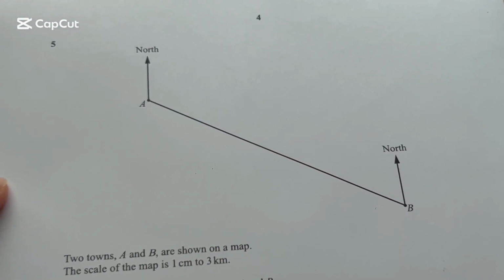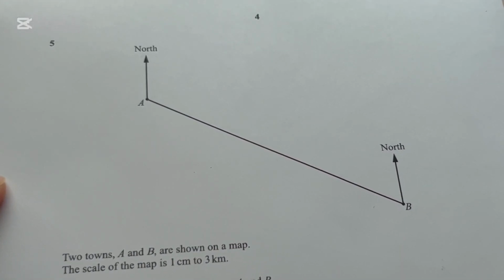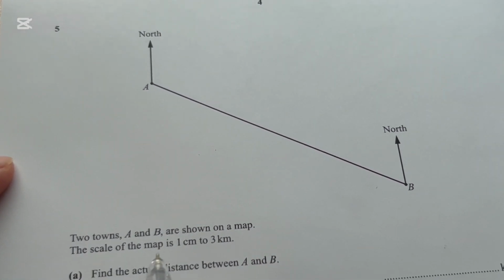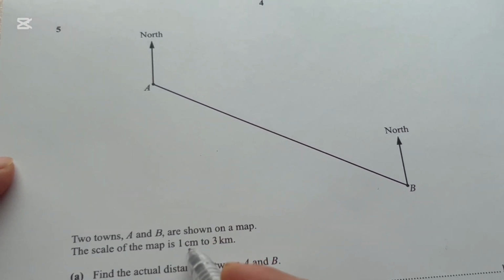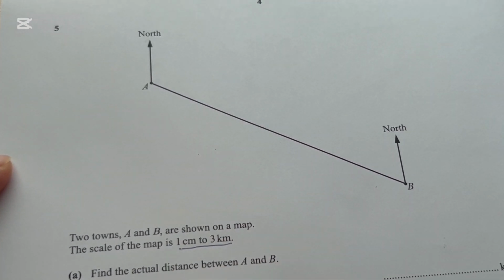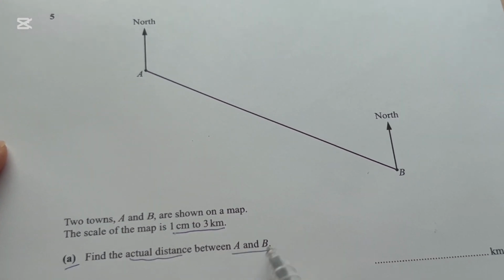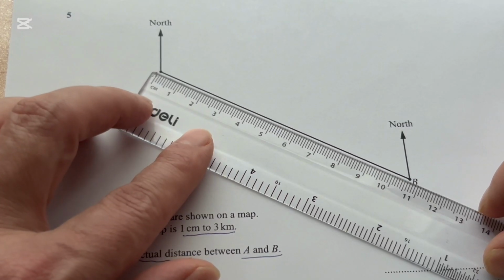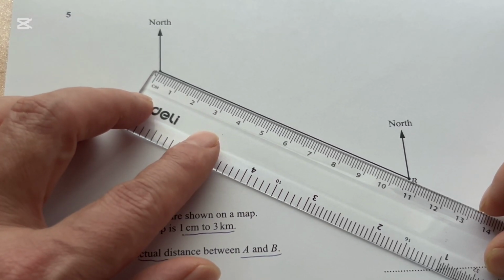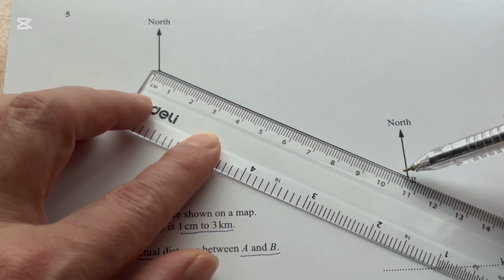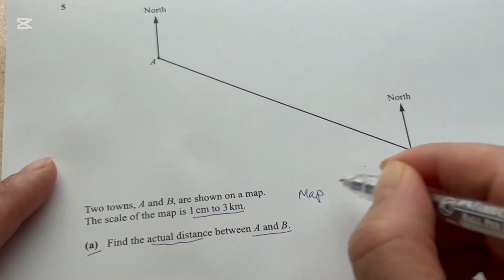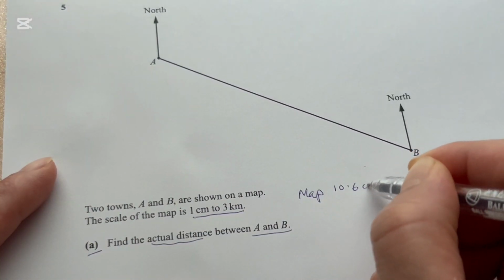Here we have question number 5. Two towns A and B are shown on a map. The scale of the map is 1 centimeter to 3 kilometers. This is the scale. Question part A. Find the actual distance between A and B. So in order to do that, we need to measure the distance on the map, and that is 10.6 centimeters.